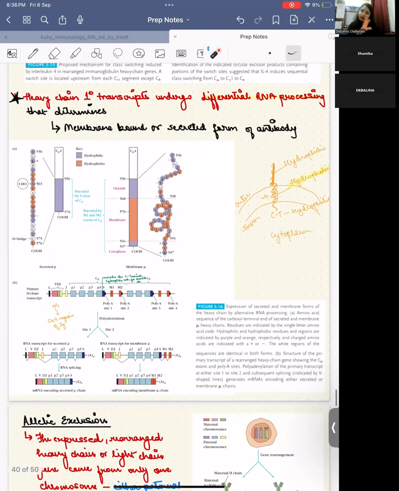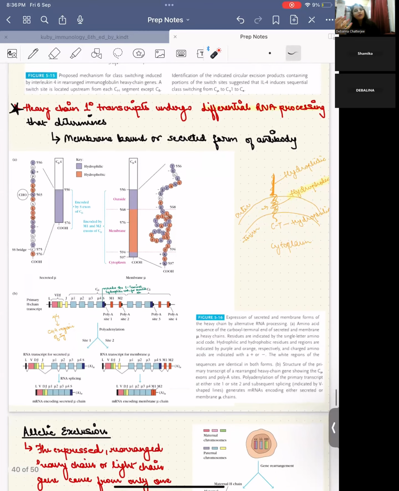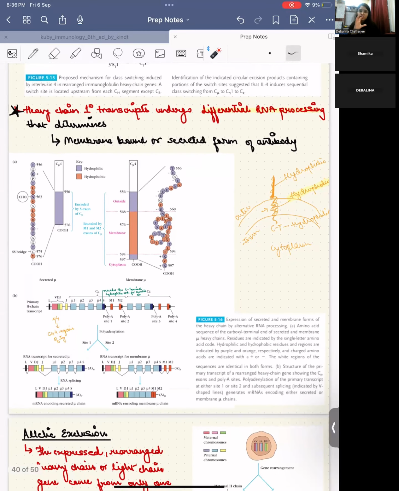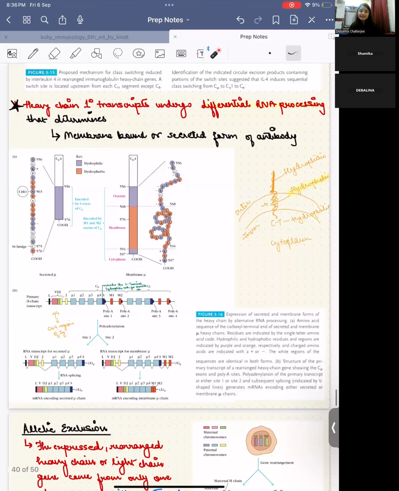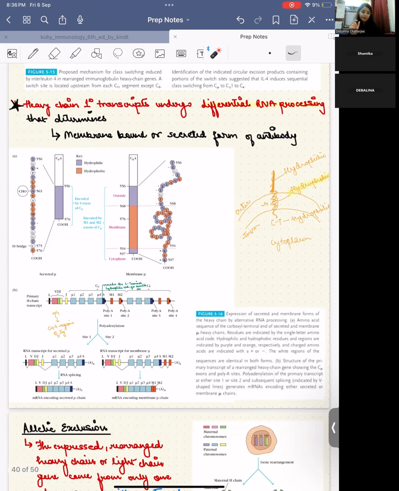Similarly over here, your secreted form as well as your membrane bound form are both completely translated inside the cytoplasm. But based on the folding that it can assume, we have this leader sequence. This leader sequence guides it inside the endoplasmic reticulum. Next, it is the job of the endoplasmic reticulum and Golgi apparatus to see which folding it can assume, and based on that it packs different proteins into different sorts of vesicles.